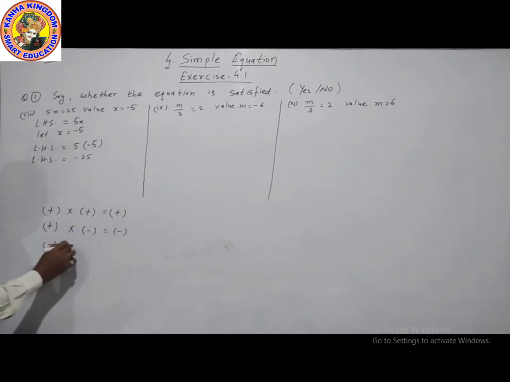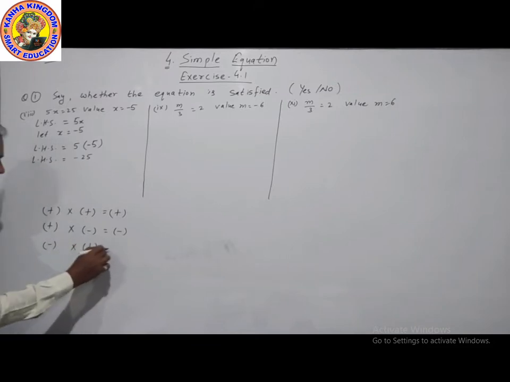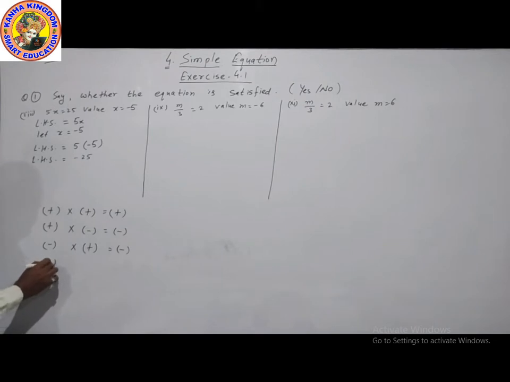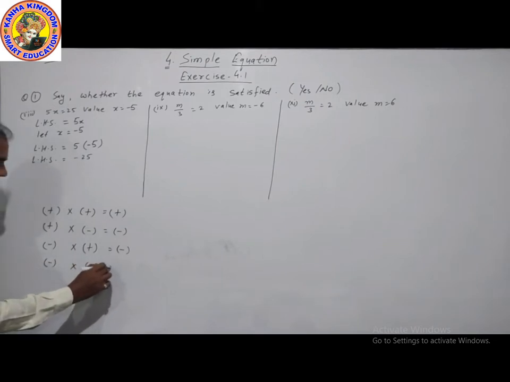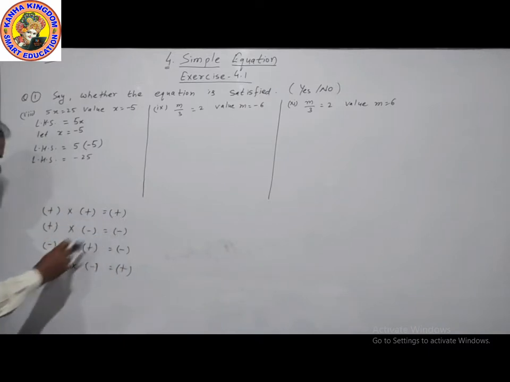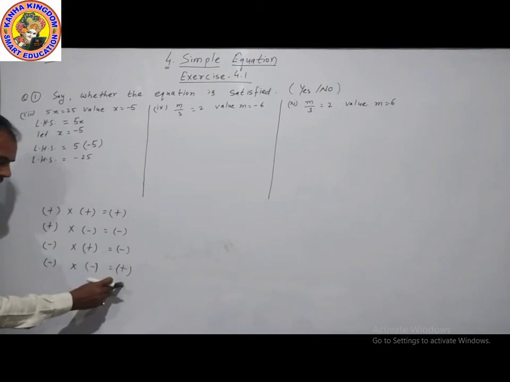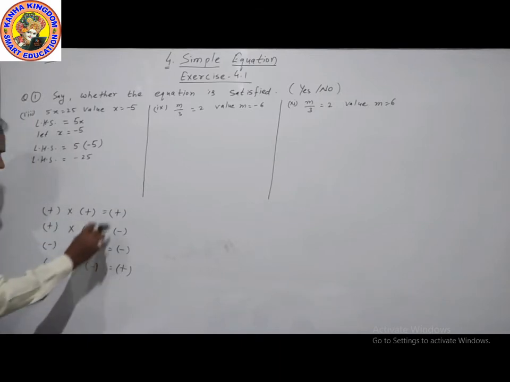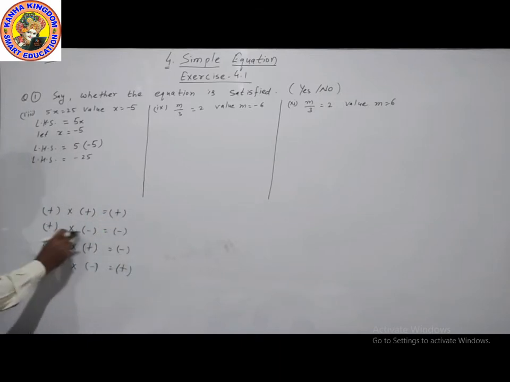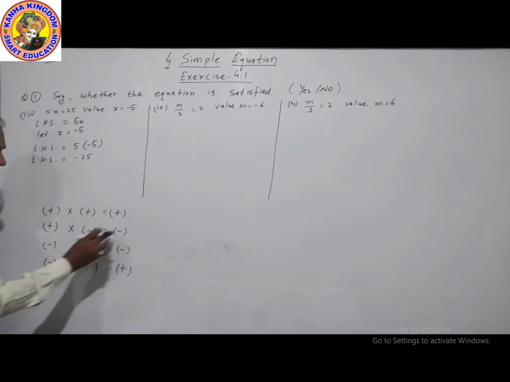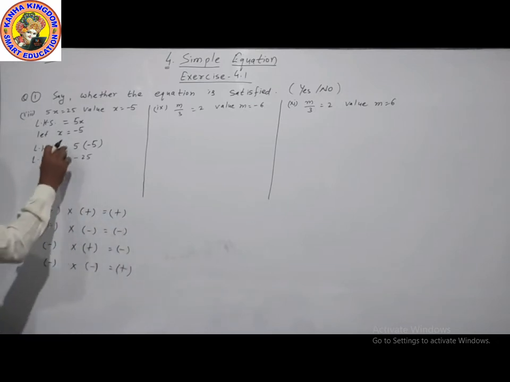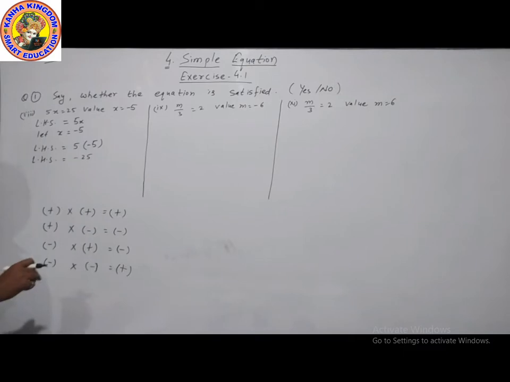When minus is multiplied by plus, the answer is minus. When minus is multiplied by minus, then answer is plus. Plus into plus is plus, minus into minus is plus. If both signs are the same, the answer is plus. If the signs are opposite, the answer is minus. So plus into minus is minus.